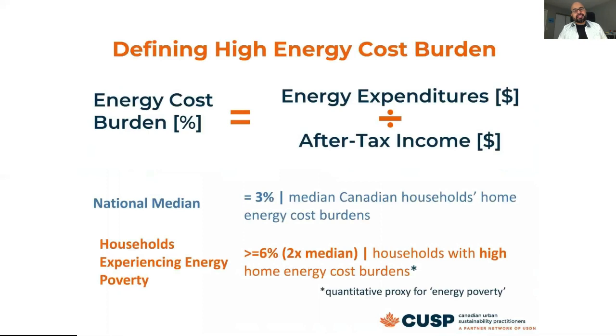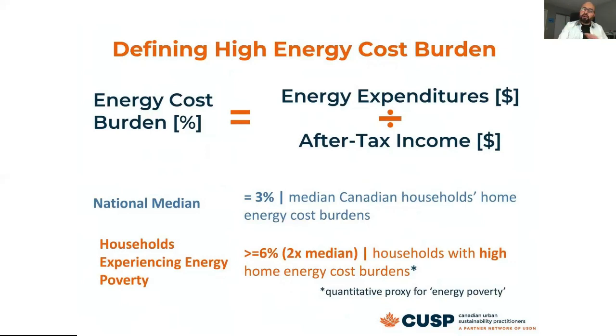What that means is, a median Canadian household spends 3% of their after-tax income on home energy needs. We're talking about heating and cooling and appliances, not transportation. It's a whole other bailiwick. We can get to that perhaps on a different day.